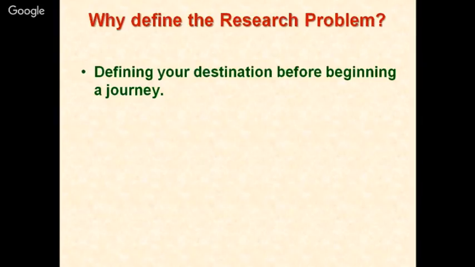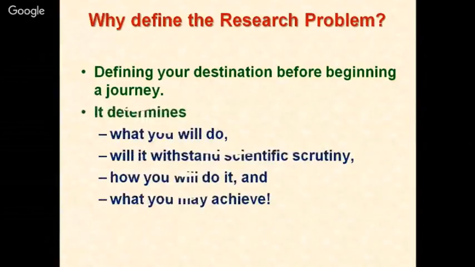And third question is, how will I know when I have arrived? That is, you will look for feedback from various sources. So it determines what you will do, whether it will withstand scientific scrutiny, how you will do it, and what you may achieve.